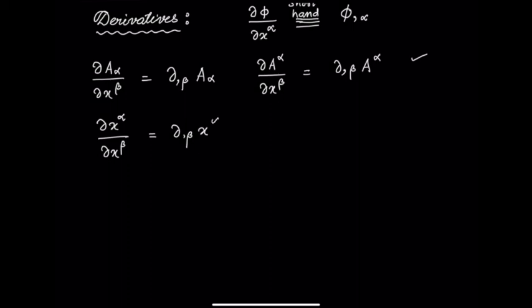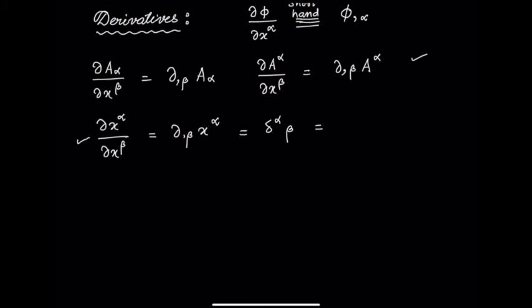But this is 1 only if alpha equals beta, so this is essentially delta alpha beta. This quantity is not a tensor of rank 2. It's rather a one form.